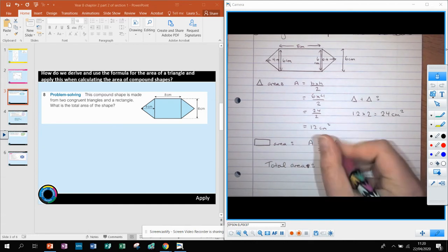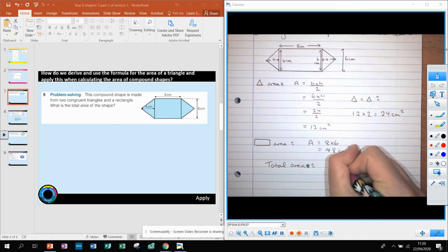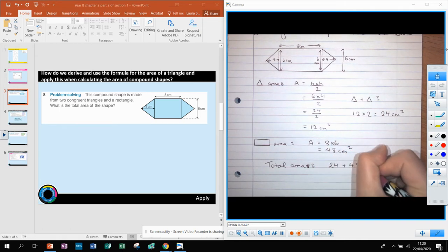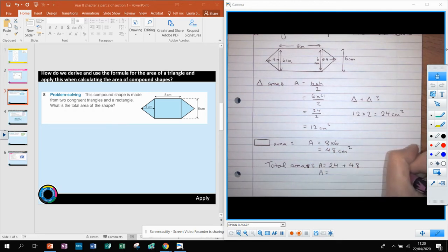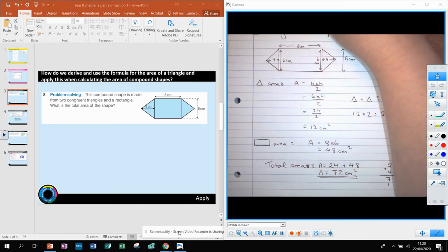Right, total area is equal to 24 plus the 48. 24 plus 48, I don't know, we may not be able to do that in our heads, so let's have a look. 8 plus 4 is 12. Carry the 1, okay? And 2 plus 4 is 6, plus the 1 is 7. So that is 72 centimeters squared for our total area. Well done.